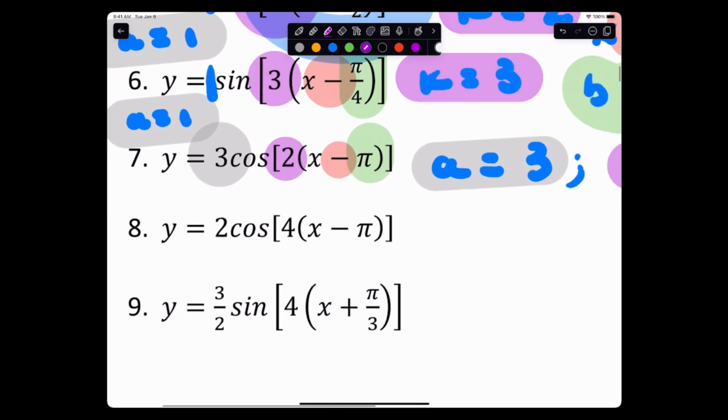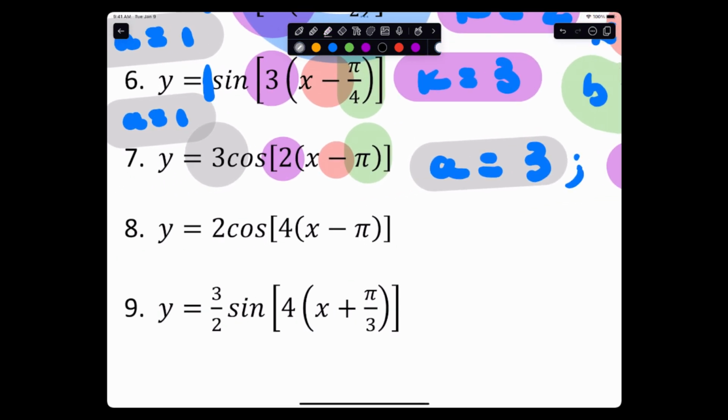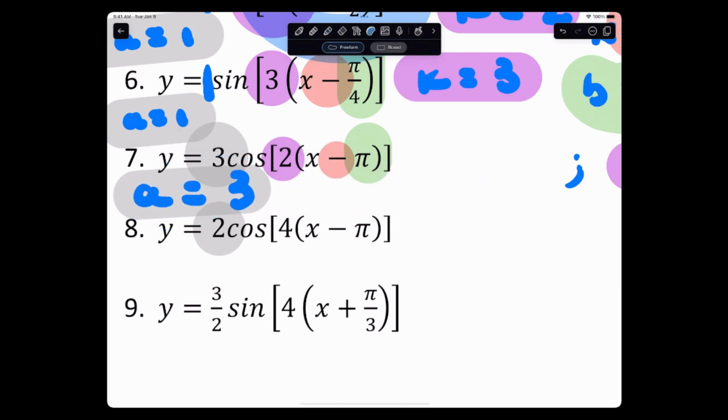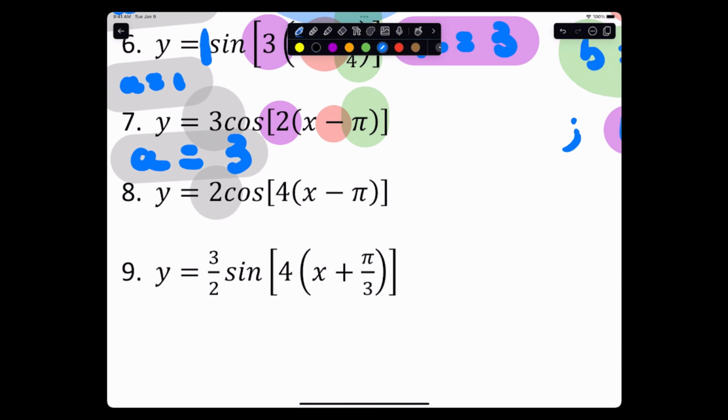What about this? Let's read it left to right. What's my A value now? A here will be what? I guess I'll move it back down over here so people can see that consistency. Okay, A here is 3. What's A going to be now? What's your A value? You guys have to read it. I'm looking at number 8. What's A? A is 2.